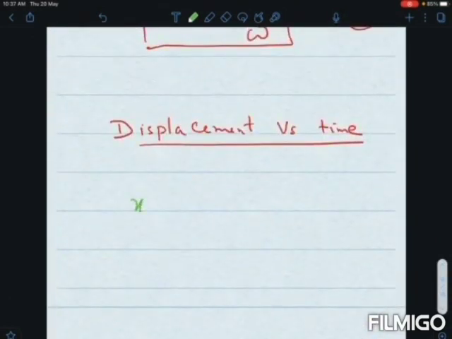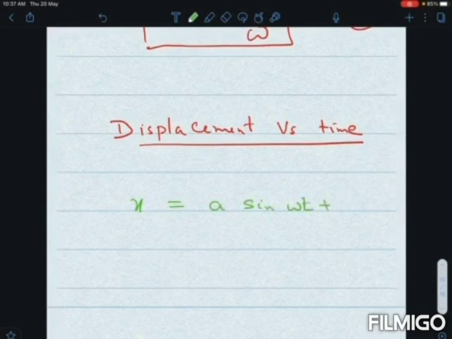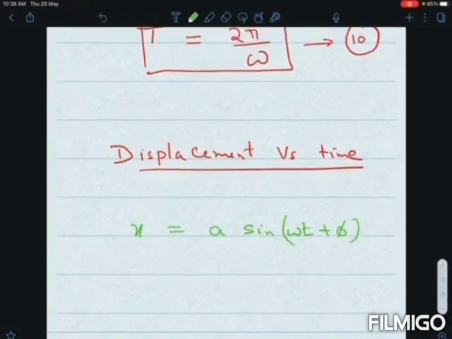x is equal to a sine omega t plus phi. Now, as I told you, the time period is t is equal to 2 pi by omega. So let's put it in terms of the time period, because we want displacement versus time graph. So this will become a sine, so omega will be 2 pi by t, 2 pi by t into t plus phi.